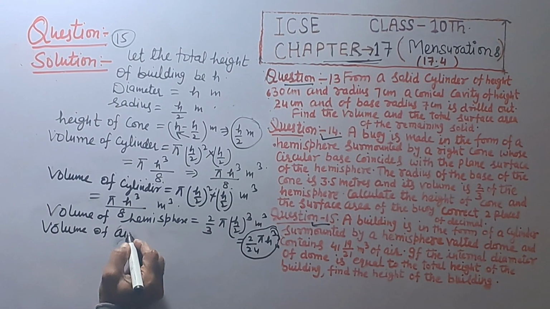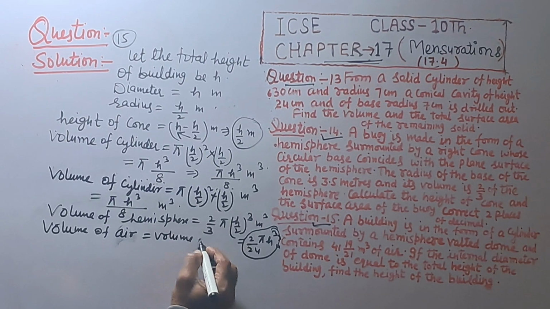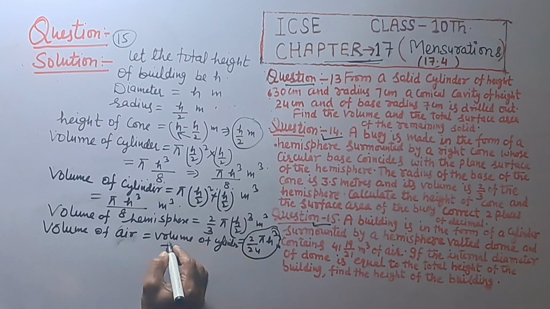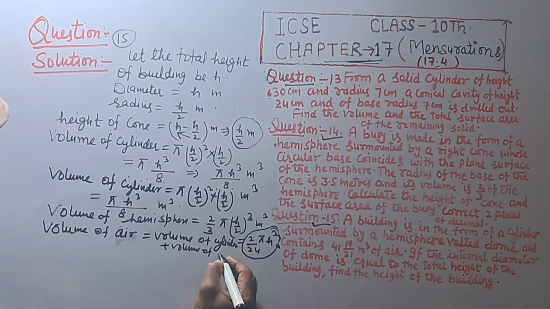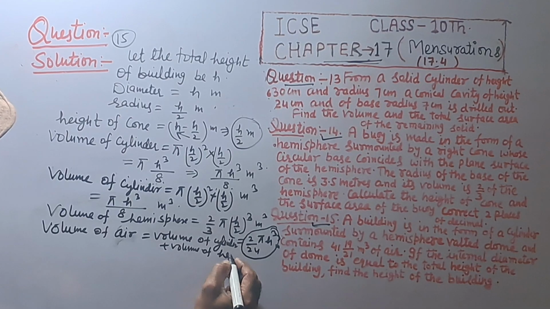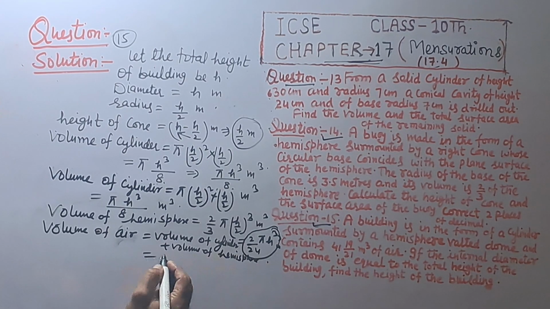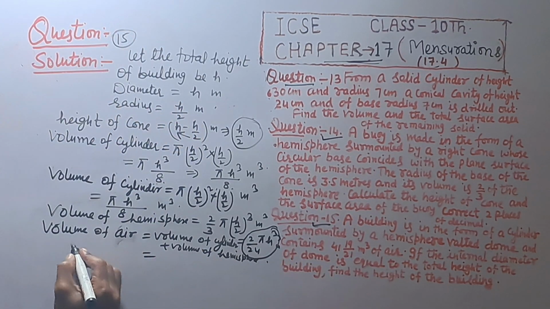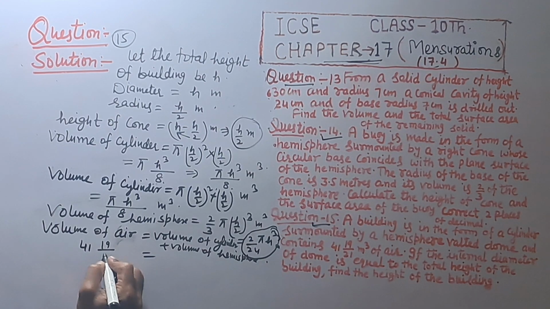Volume of building is equal to volume of cylinder plus volume of hemisphere, that is equal to volume of air, which is given as 41 whole 19 upon 21 meter cube.